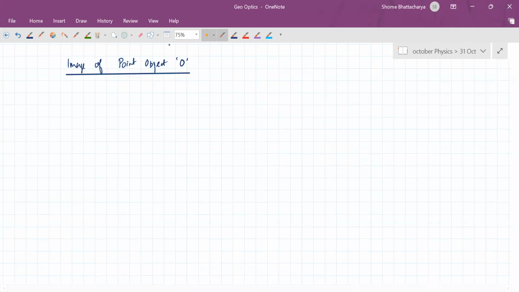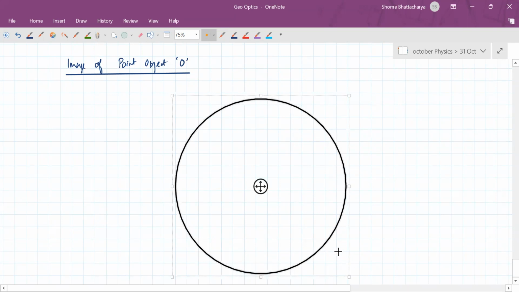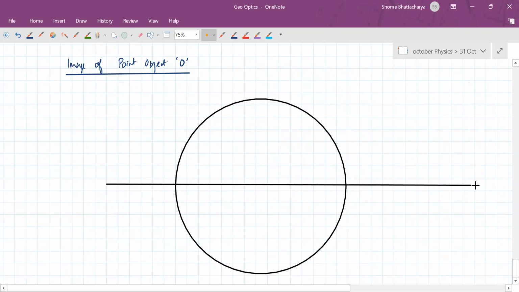Okay, so once again, let's consider this is our center of curvature.